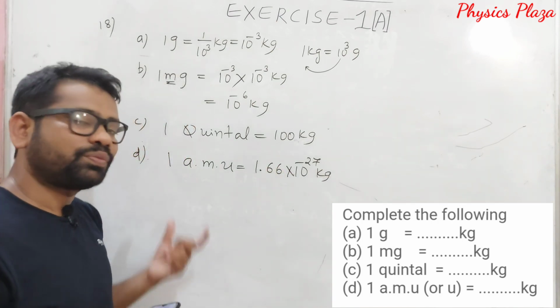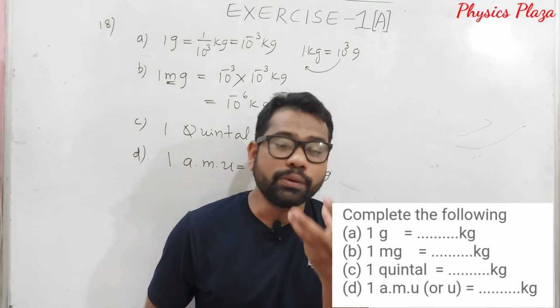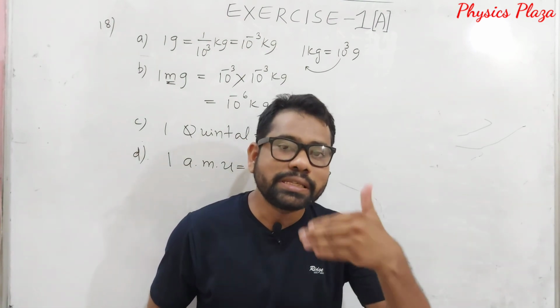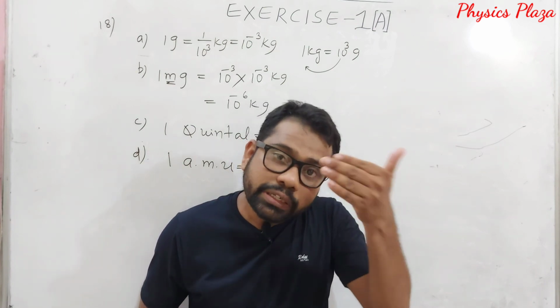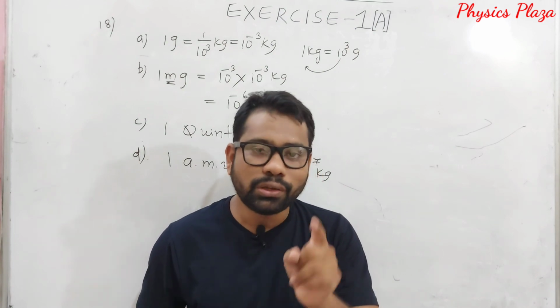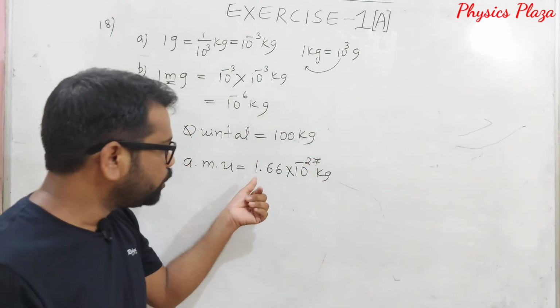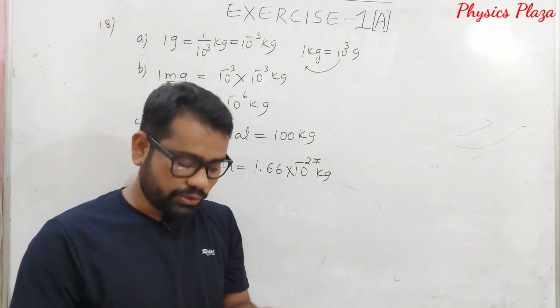Children, what is AMU? It is defined in terms of carbon: 1 by 12th of the mass of C-12 is equal to 1 AMU, that is 1.66 into 10 to the power of minus 27 kg.